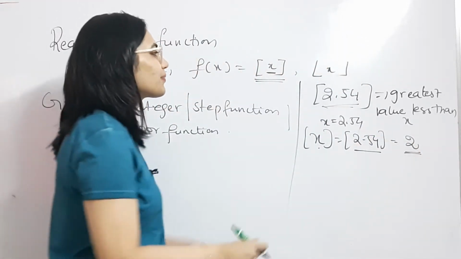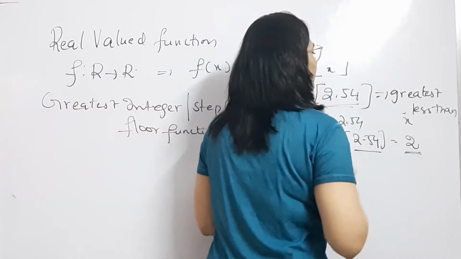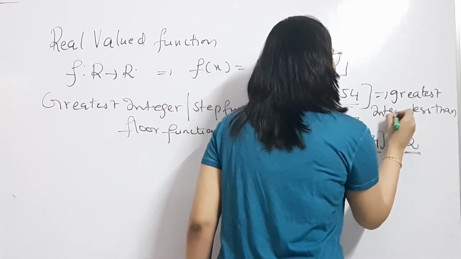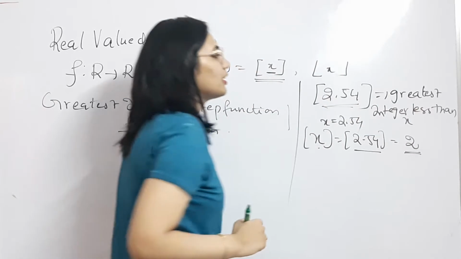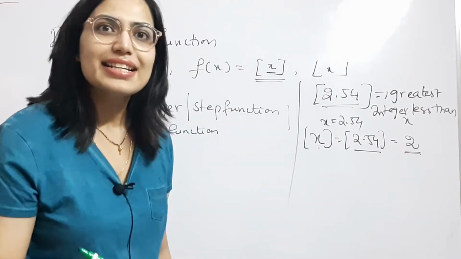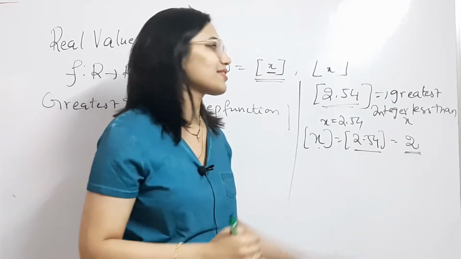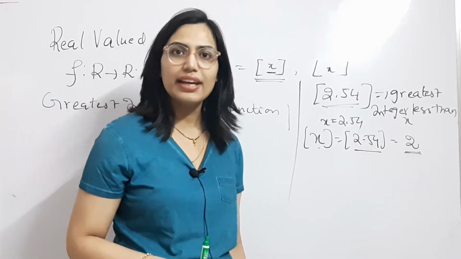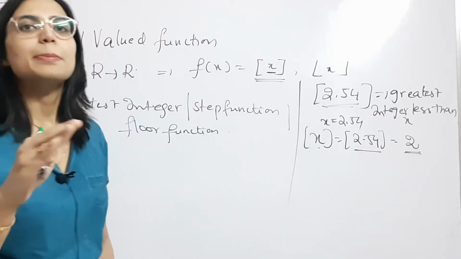You should always remember that this value is nothing but an integer. We need to pick up the greatest integer that is less than x. That is the meaning of the step function.